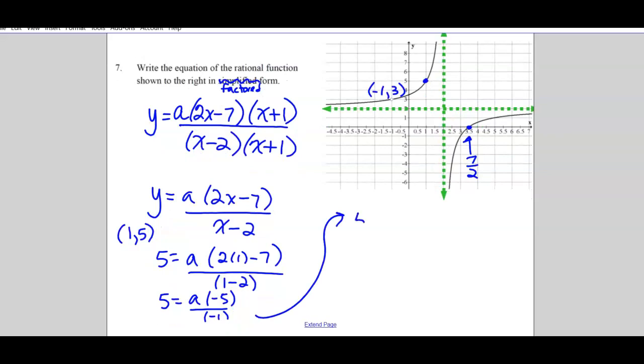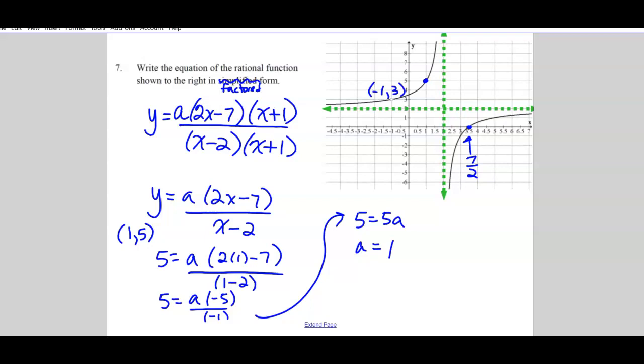Okay, so we get 5 equals 5a, so a equals 1. So it is 1. It's always good to check, though we didn't need to. Our reasoning for thinking it might be negative is that if it's in transformation form, then it would be negative. This is not in transformation form, so you didn't have to worry about a negative in the a.